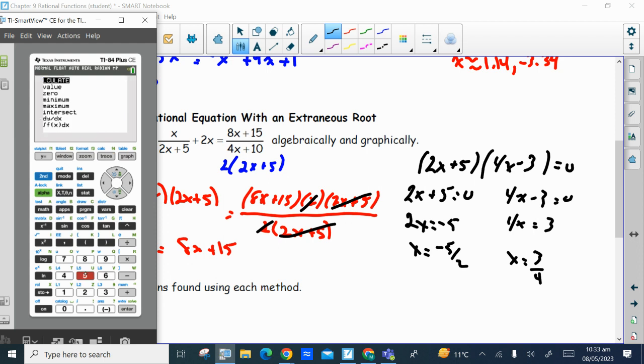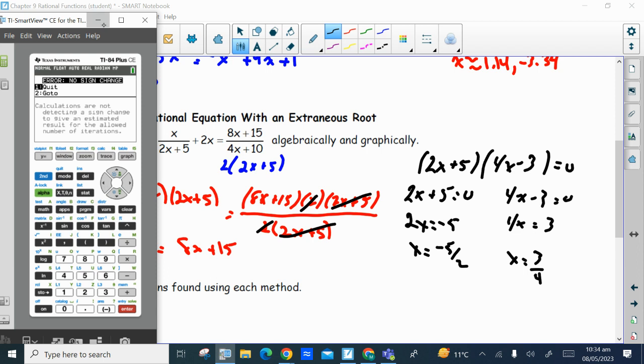Second function trace, number 5 for intersect, enter, enter. So the first answer I got was negative 5 halves, or negative 2.5. I'm going to put that in as my guess. Doesn't work. Because negative 2.5 is actually a vertical asymptote, right?